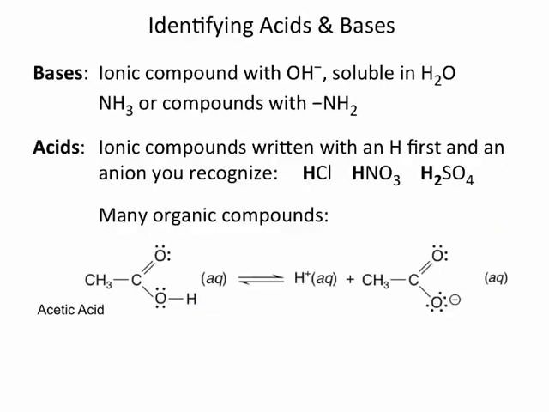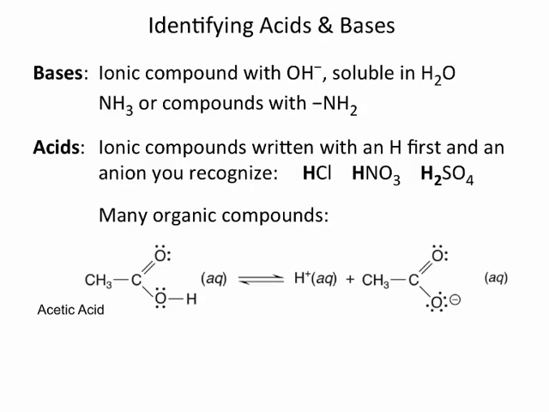Now that we have the definitions sorted out, let's talk about how to identify acids and bases. And so this works regardless of the definition you're using, just kind of a handy how-to guide for picking out these molecules so you can tell when you need to start thinking in terms of acids and bases. So a base is probably an easier one to see.